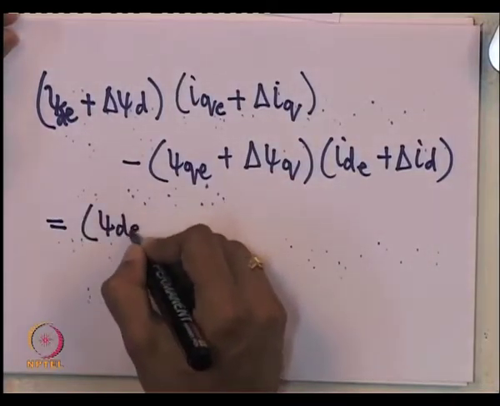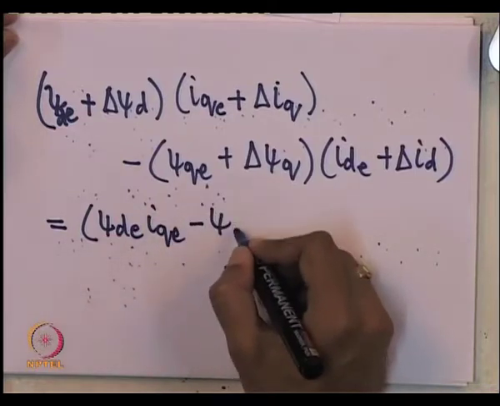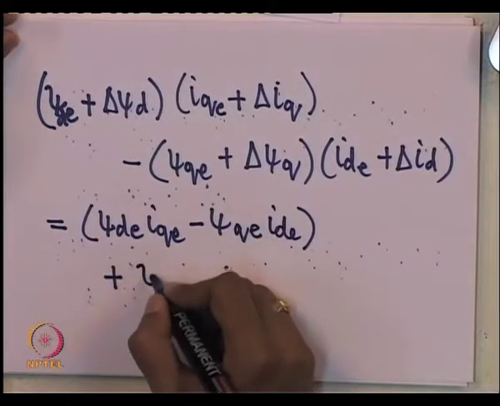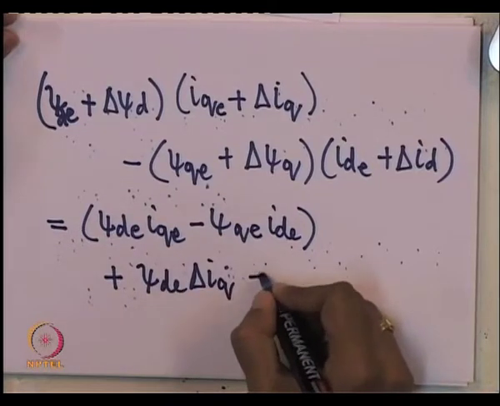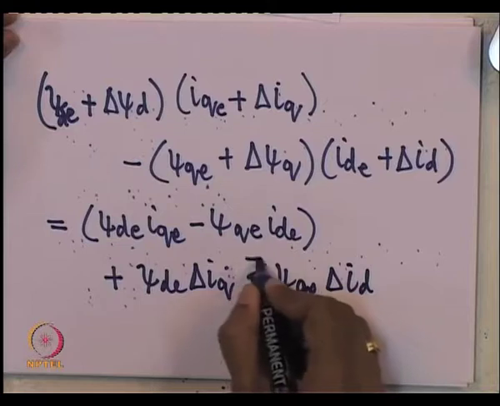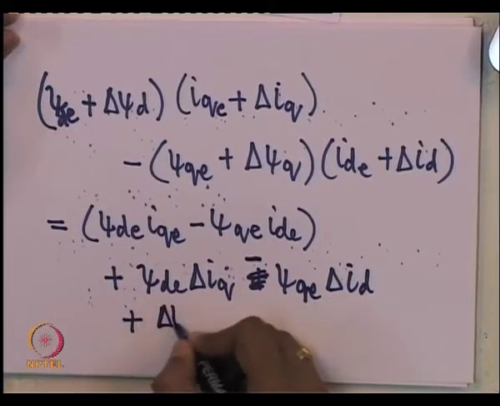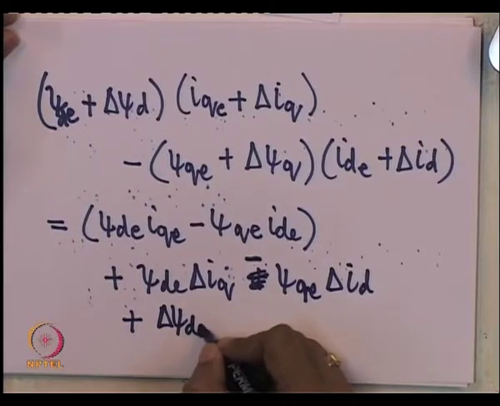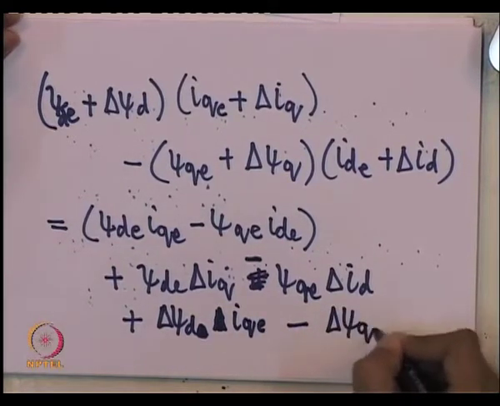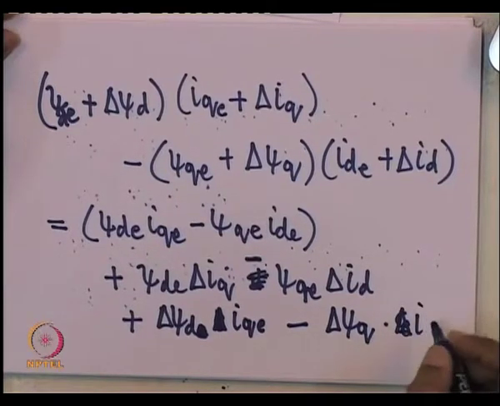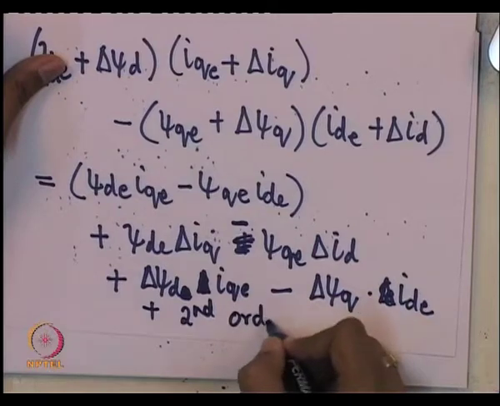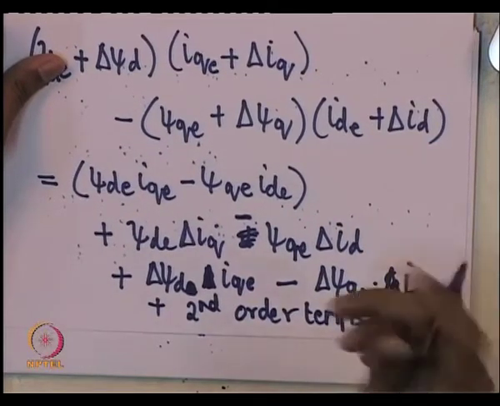What you can write down is psi d e I q e minus psi q e I d e, plus psi d e delta I q minus psi q e delta I d, sorry, this should be a minus, plus delta psi d into I q e minus delta psi q into I d e, plus what are second order terms, that is product of two delta kind of terms.